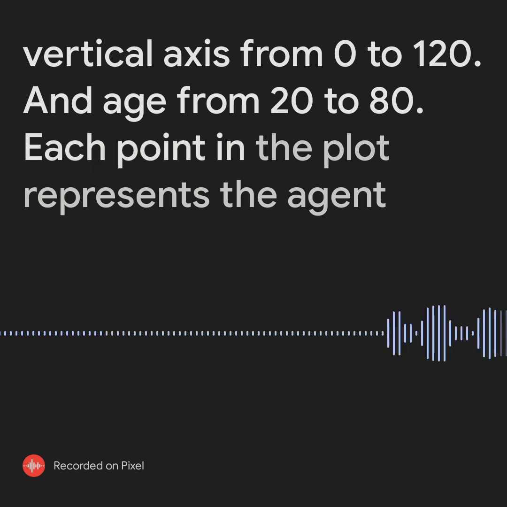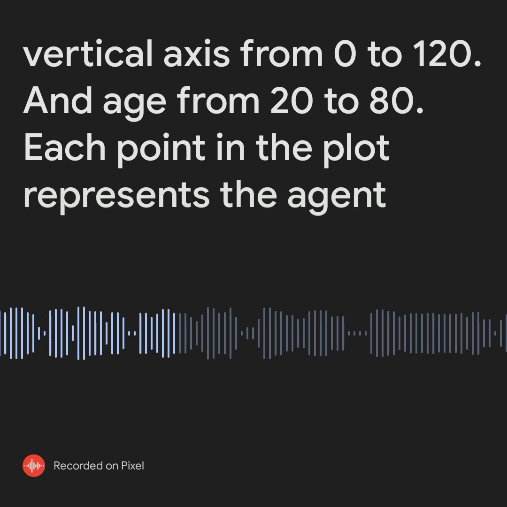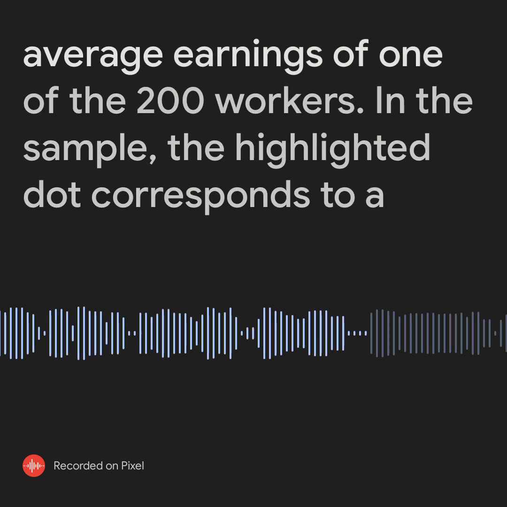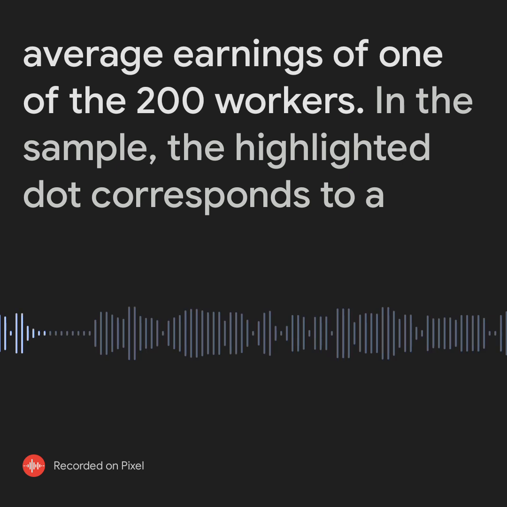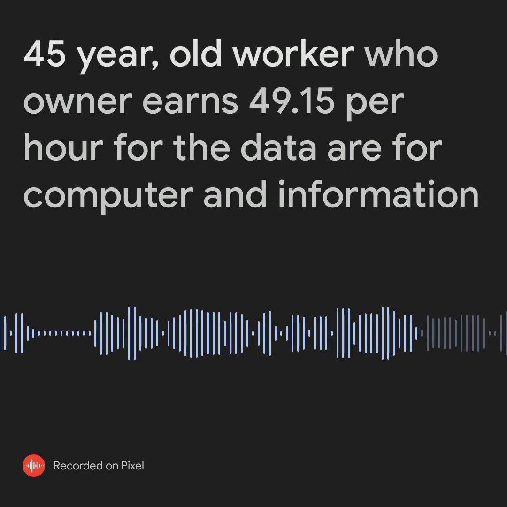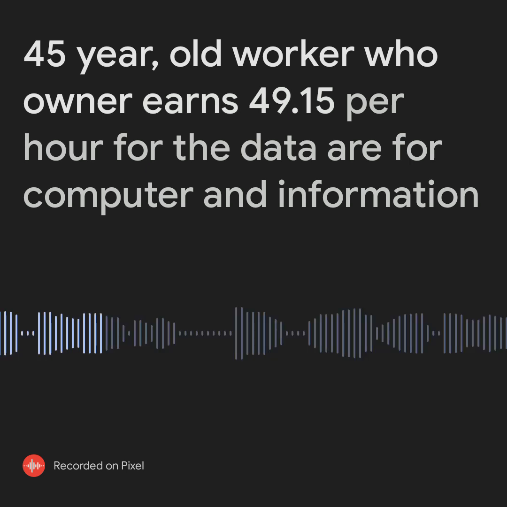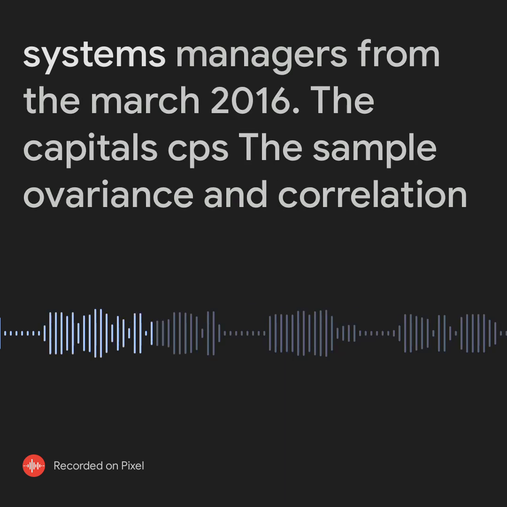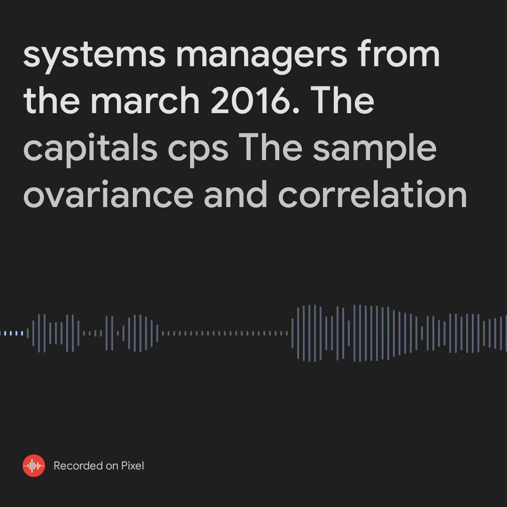Each point in the plot represents the age and average earnings of one of the 200 workers in the sample. The highlighted dot corresponds to a 45-year-old worker who earns $49.15 per hour. The data are for computer and information systems managers from the March 2016 CPS.